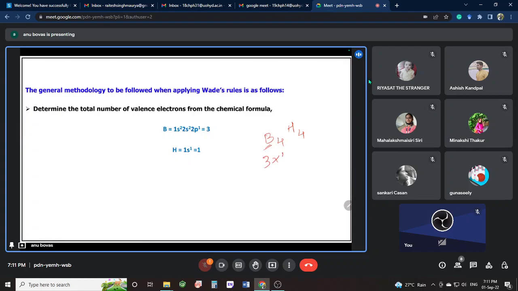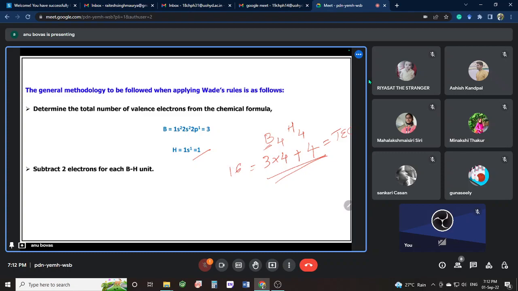So 3 into 4 plus hydrogen has 1 electron, plus 4 hydrogens means 4. Like this we can find out the total number of valence electrons, which can also be called the total electron count. Now once it is done, we have to find out how many BH units are present. Here we got 3 into 4 plus 4. So we got 16.